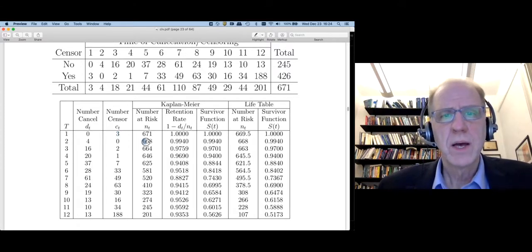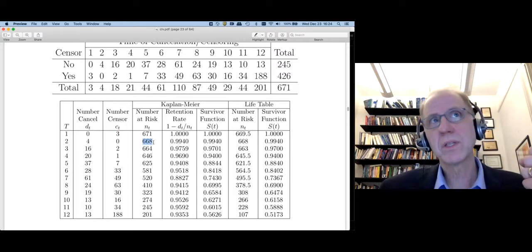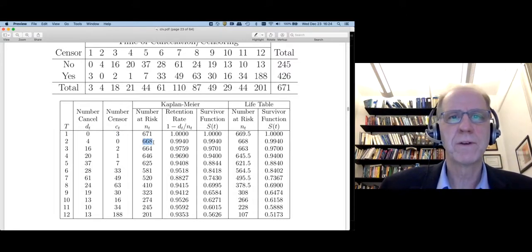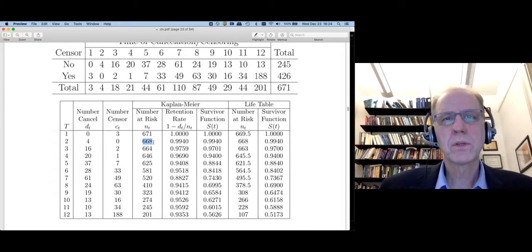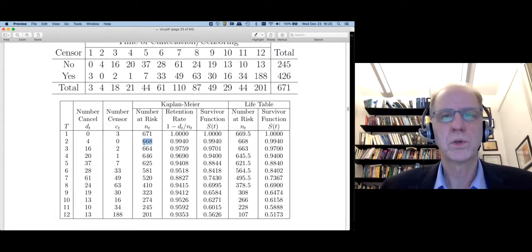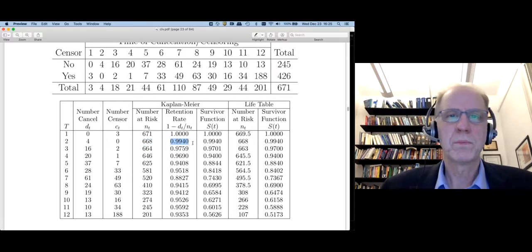Since I don't know what happens in the second month of their life, the number of people flipping a coin in month 2 is reduced to 668. So if I take 4 divided by 668, that gives me the churn rate in period 2. So that retention rate is now 0.994 for period 2.